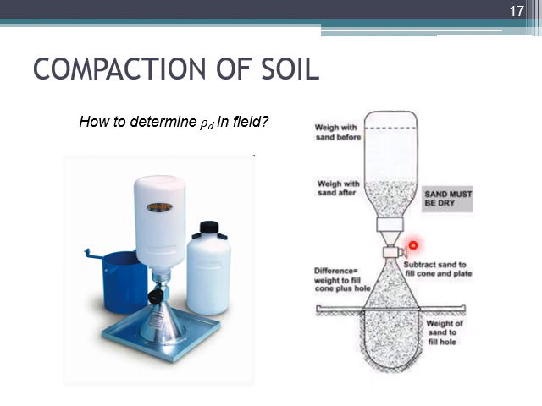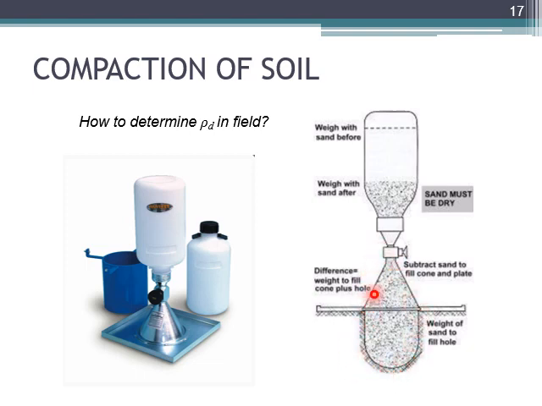Then we open the valve here. The sand is entering through the cone to the hole, and then we can weigh the container with the sand after the test. The difference will give you the amount of soil that is filling this volume.